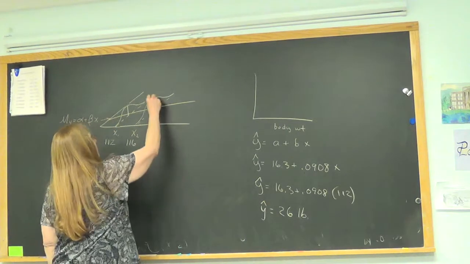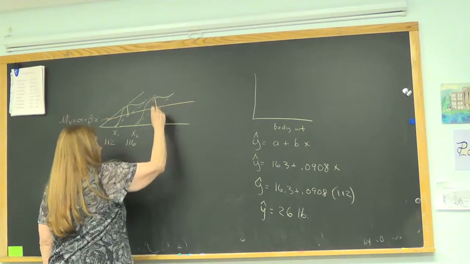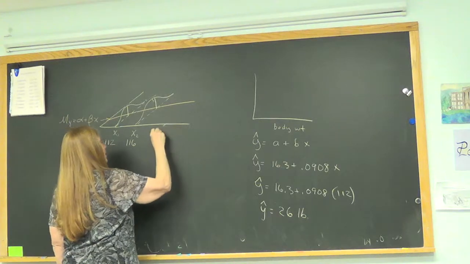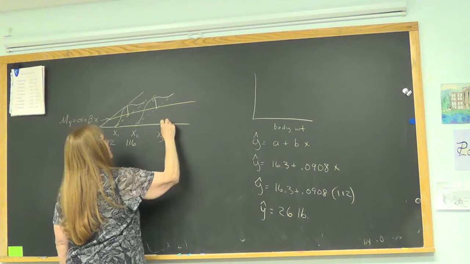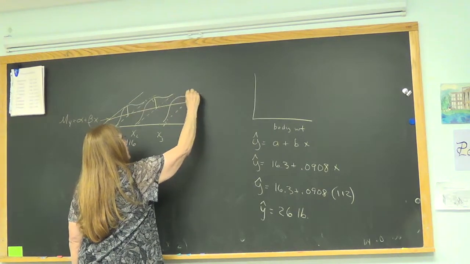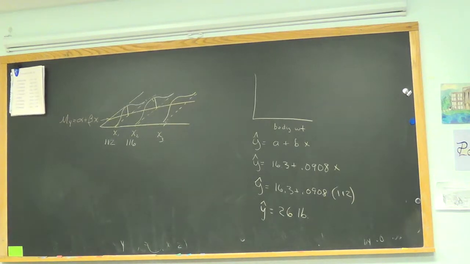And the last one, I'll just call it X3. It doesn't matter what it is. We're going to have the same thing happening. Instead of getting one value out for Y, we're going to get a whole spread of values, because that's what happens in a whole population.